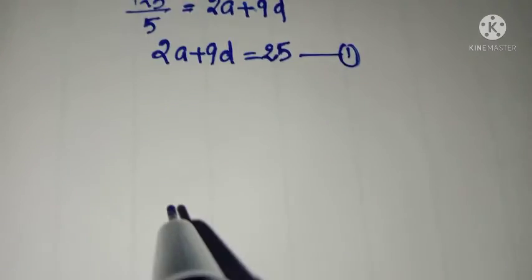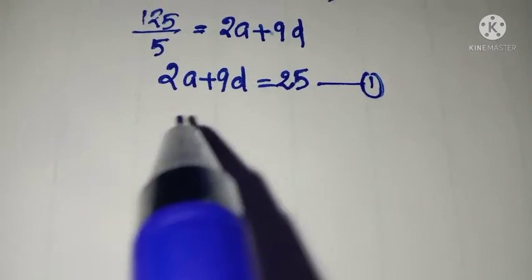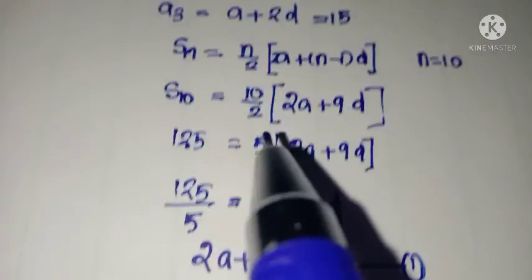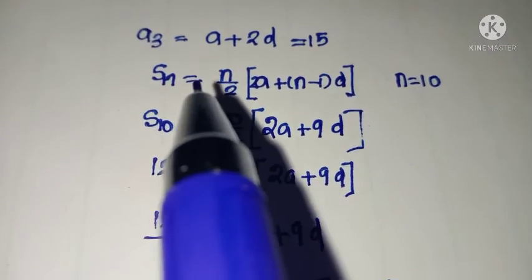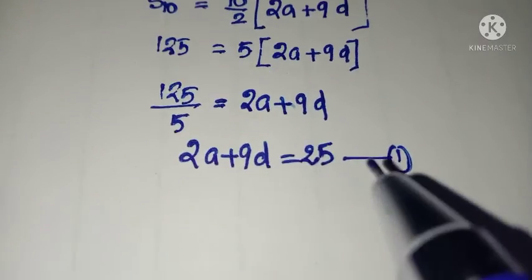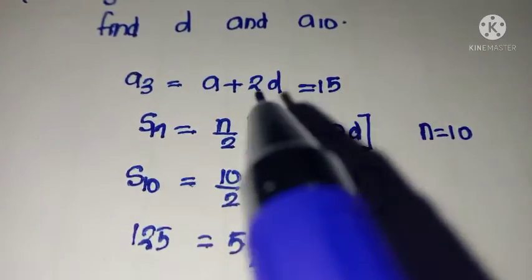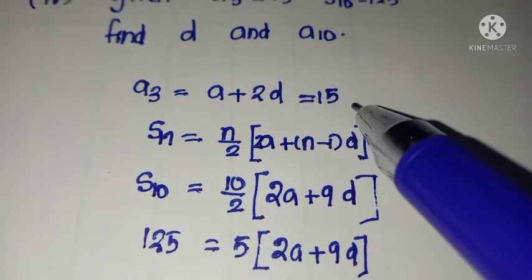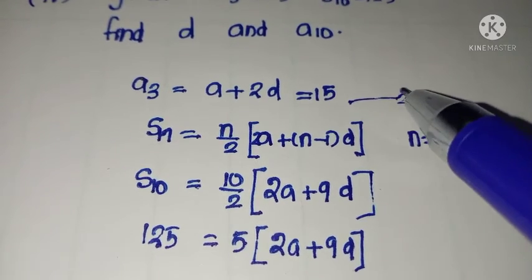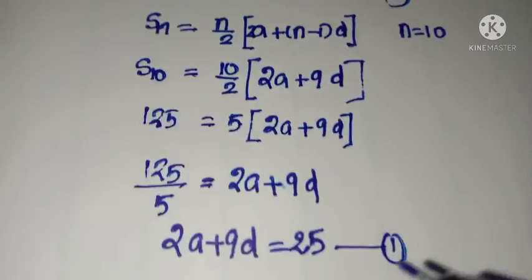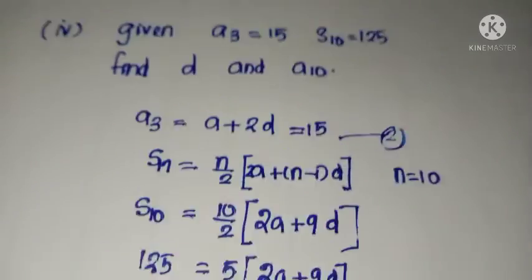Now listen, S10 we mentioned, and from here we deduce one equation. And we have A3. A3 is A plus 2D. Consider this as equation number 2. So we have two equations.